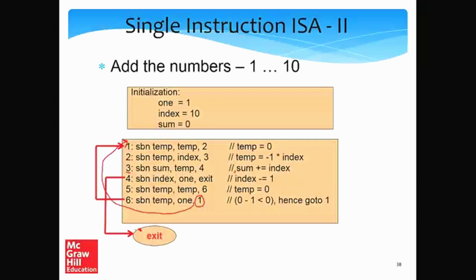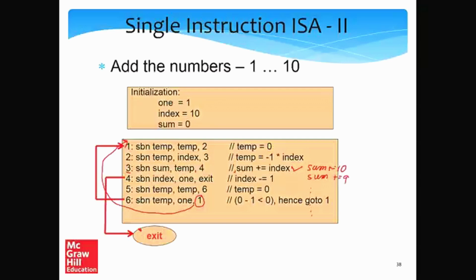So the final outcome of this piece of code is that we are doing an addition in this line. Initially sum is 0. First we do sum plus equal to 10. Then we decrement index, so in the next iteration we do sum plus equal to 9.